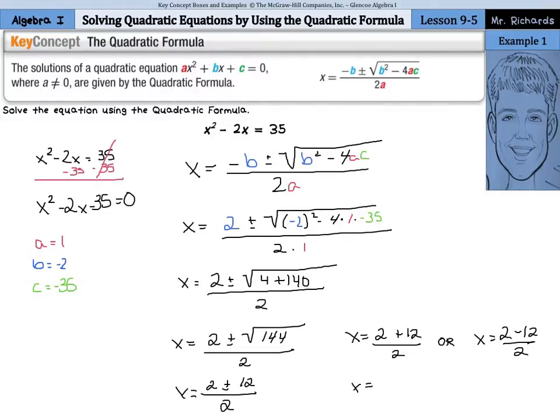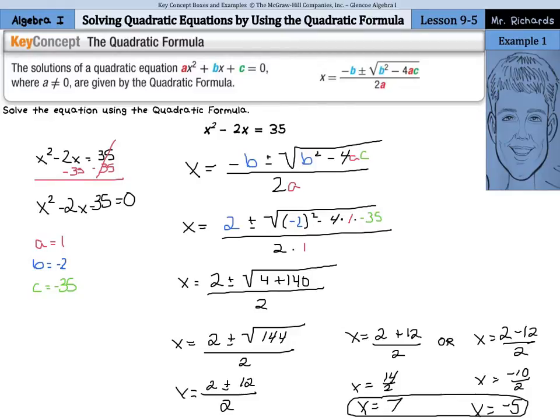So x could equal 14 divided by 2, which means x could equal 7. Or x could equal 2 minus 12, which is negative 10, divided by 2, which results in negative 5. And those are my two possible solutions, 7 and negative 5.